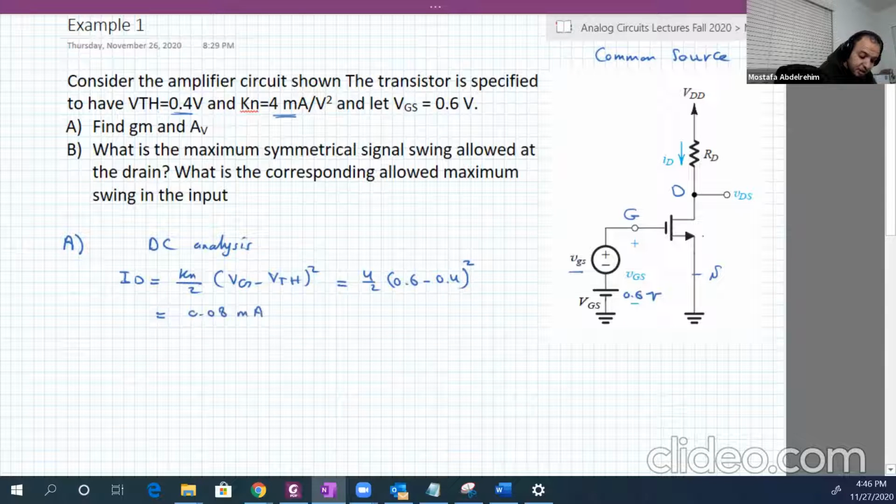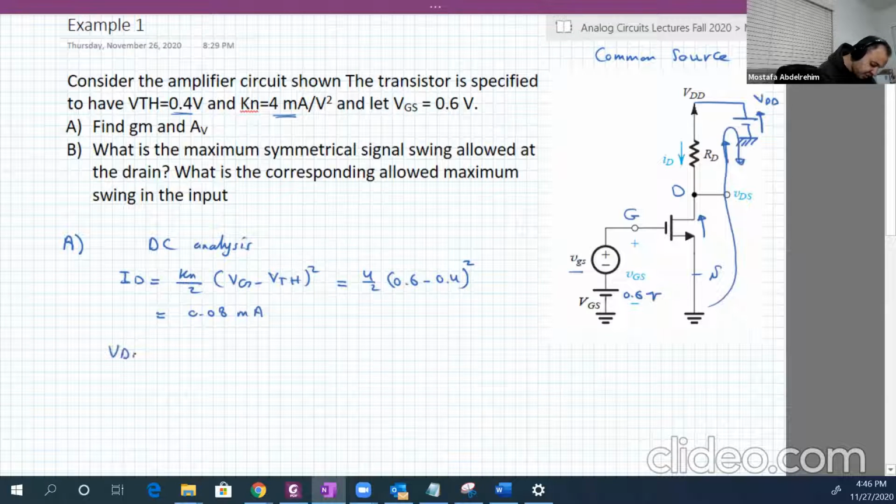From the outer loop here, this is VDS, and this is IDRD. So if we just continue here, this battery is VDD. So from this loop here, we have VDS plus IDRD equal to VDD. So from this equation, VDS is equal to VDD minus IDRD.